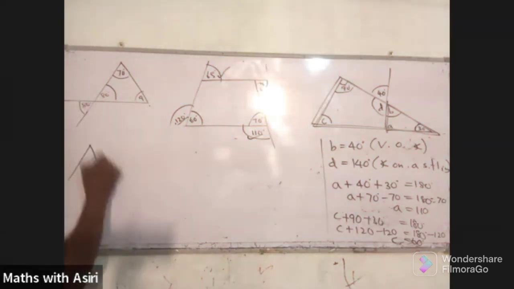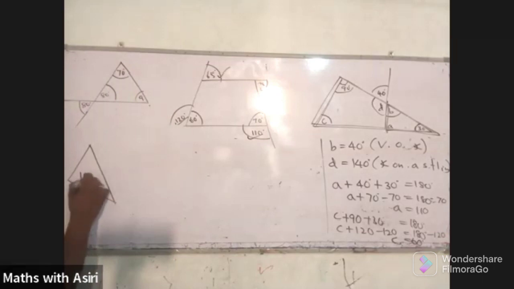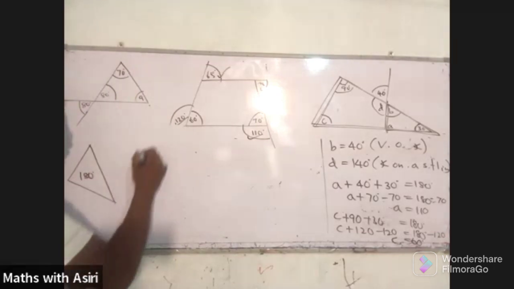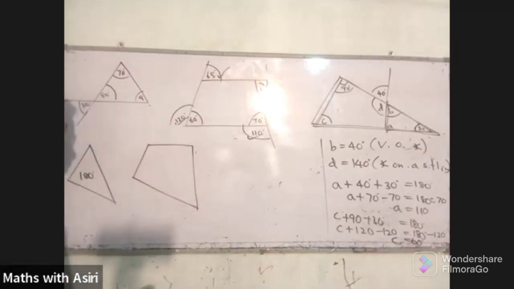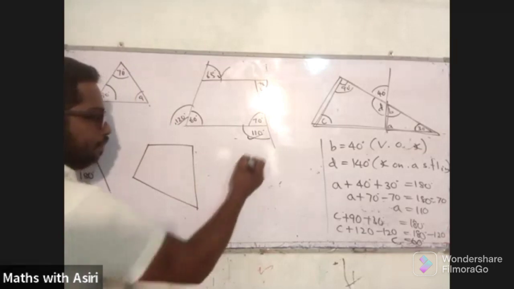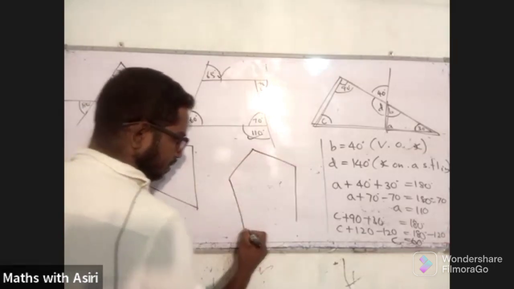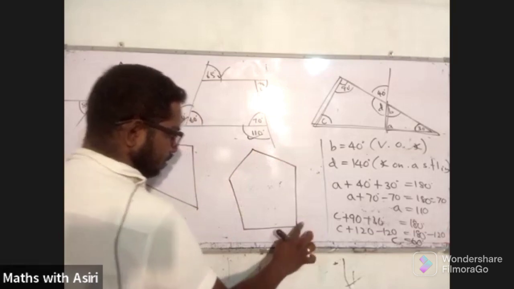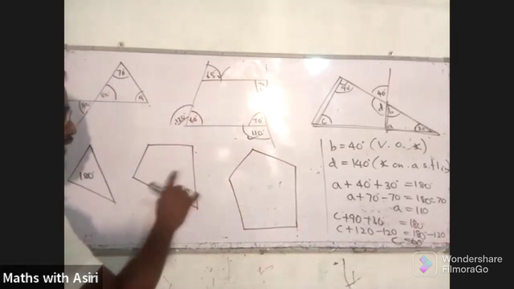The first polygon is a triangle. You know that is 180. Next is a quadrilateral. Next is a pentagon. I am going to explain using these three diagrams.